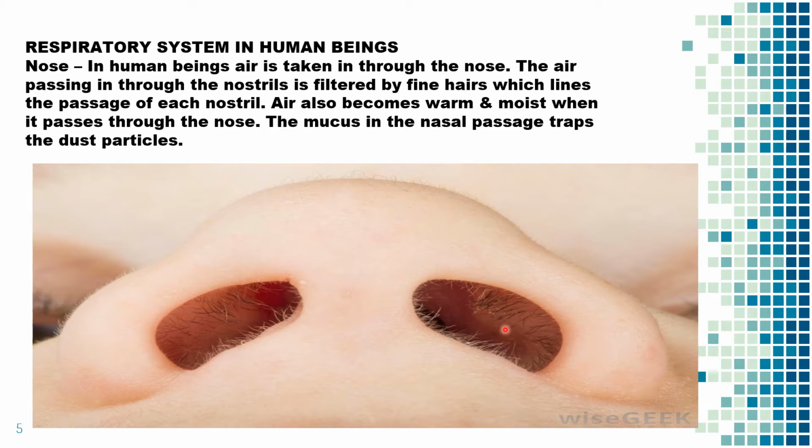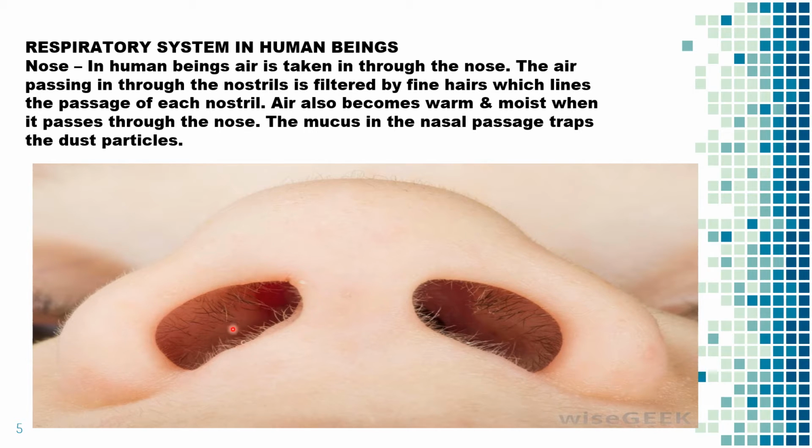There is a wall or a structure which is separating the two nostrils from each other, and this wall which is present in the nose, which separates the two nostrils or the two nasal cavities, is called the septum. So the septum very clearly separates the right nostril from the left nostril.